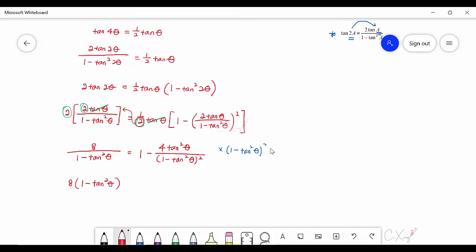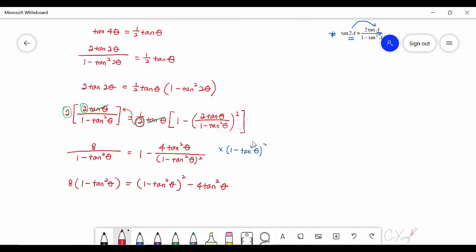Right, because originally they are squared, correct or not? Then I simplify with the denominator here. Therefore, the numerator only left 1 minus tangent square theta. The term 1, I need to multiply with this whole thing. Therefore, I'm having 1 minus tangent square theta squared.